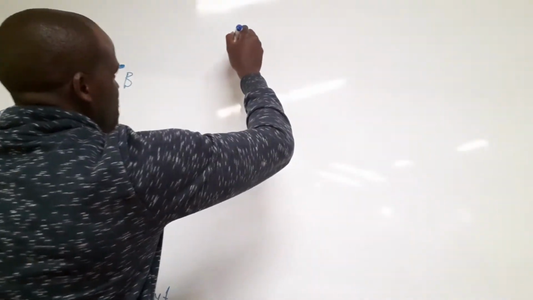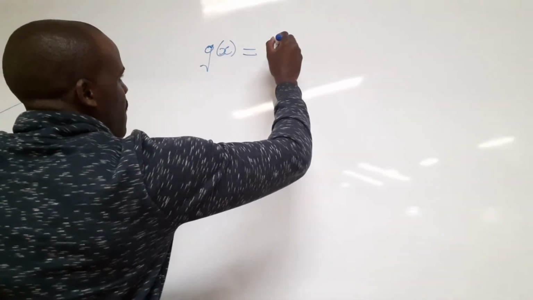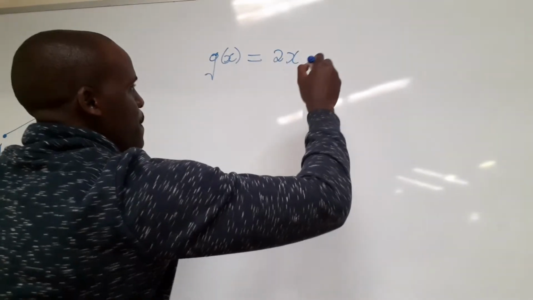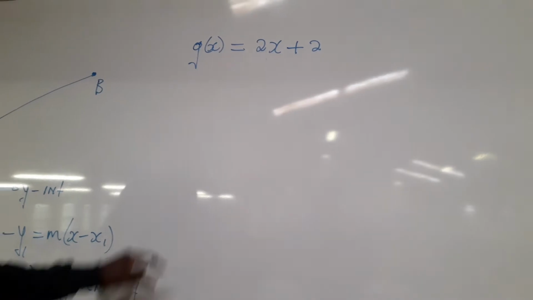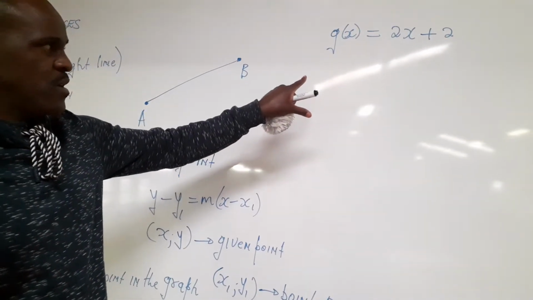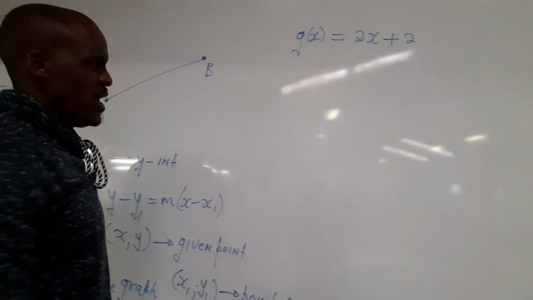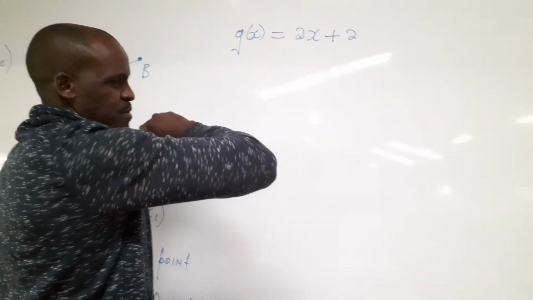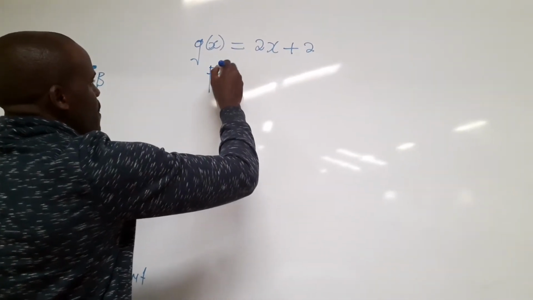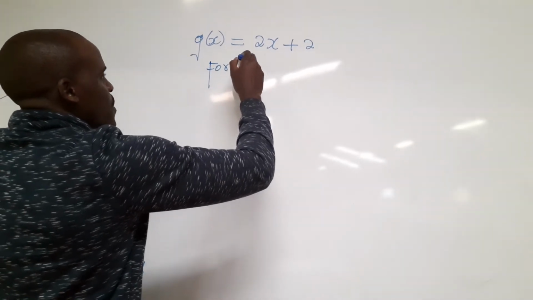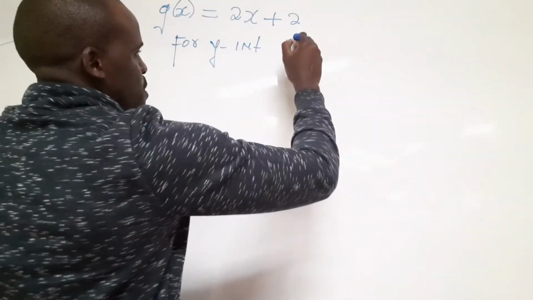If you are given, for instance, g(x) equals 2x plus 2, and you are to sketch this graph, you need to find only 2 points: the x-intercept and the y-intercept. For the y-intercept, we always make x to be 0.